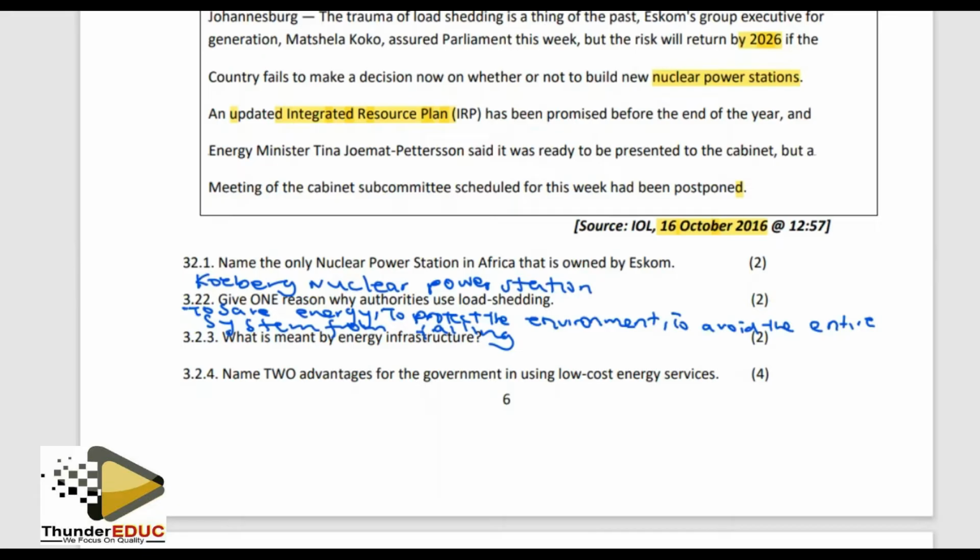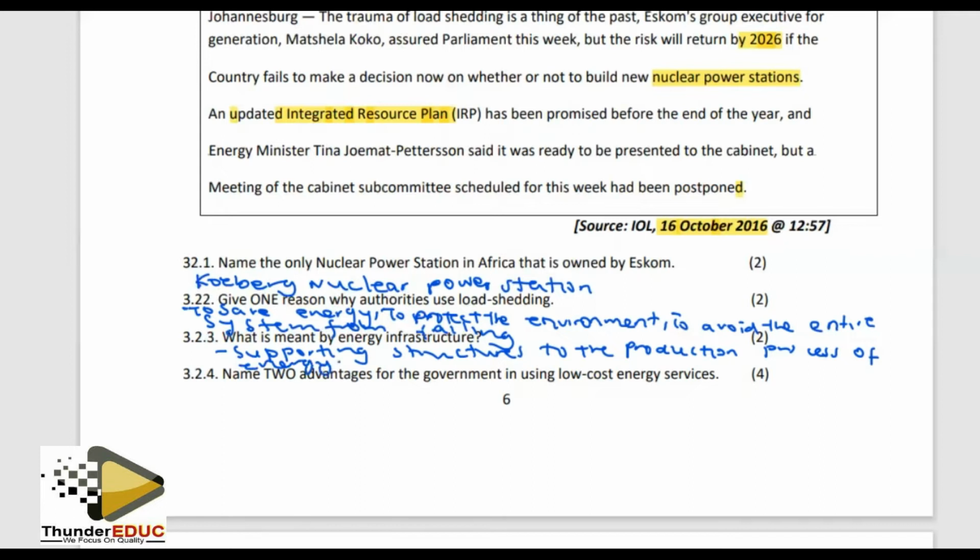Energy infrastructure could refer to all the supporting structures to the production process of energy.